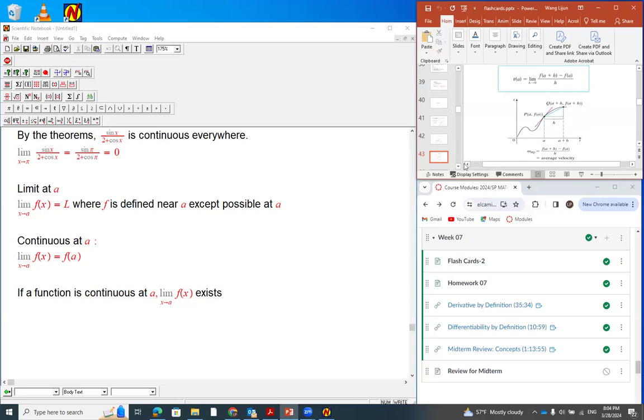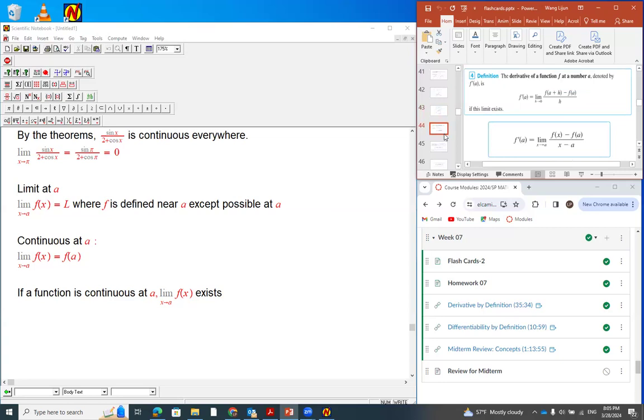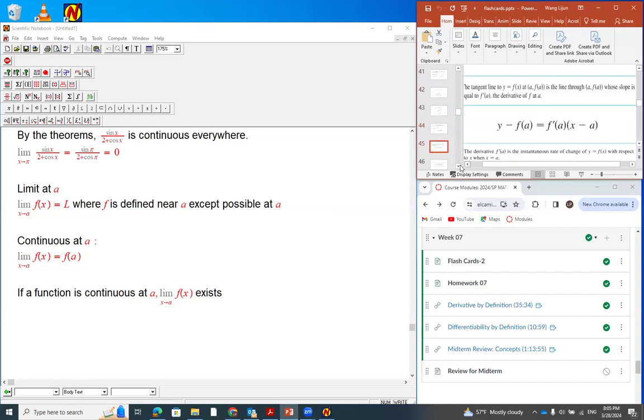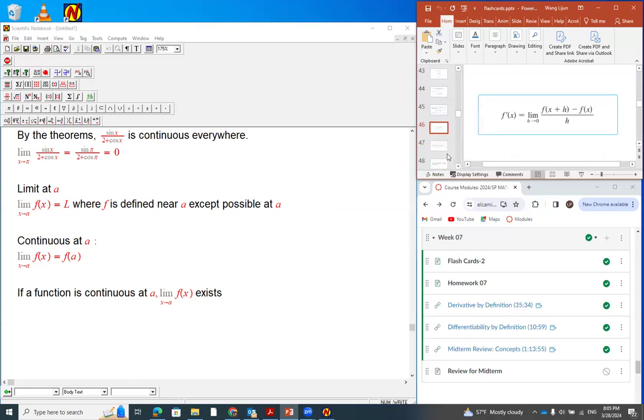Which definition will be used the most? I can tell you, on the exam I would have you use this definition to find the derivative of a function at a number, and I will also have you use this other definition to find the derivative function. Let me put it side by side.